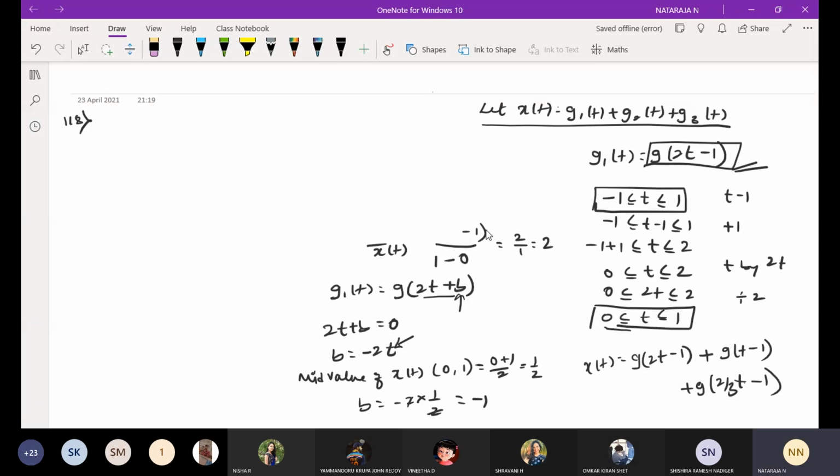Okay, can you try the next problem? Try this problem. I will change the g of t. x of t is the same.